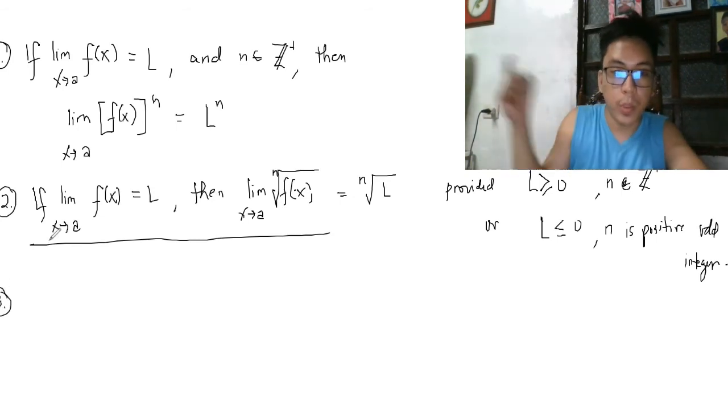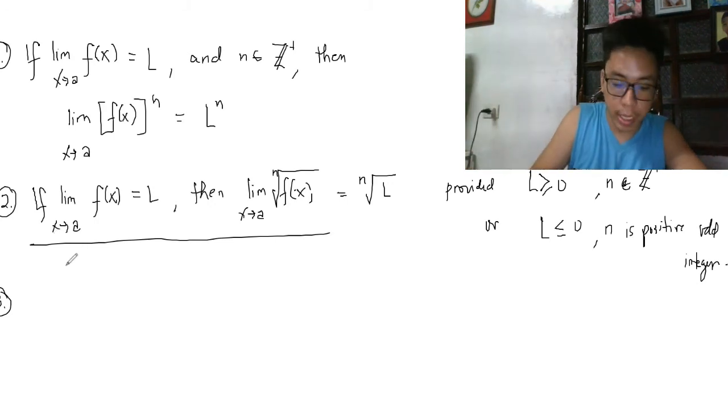Okay, lastly is what we call the limit of a quotient, which simply tells us that this is the quotient of limits.